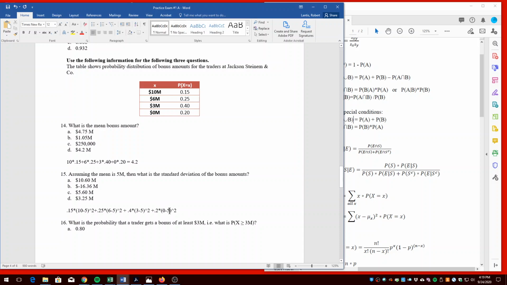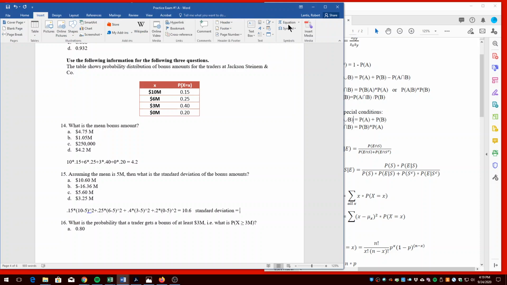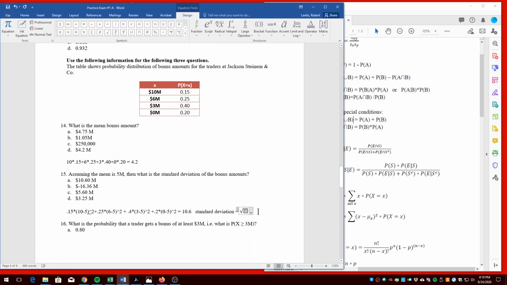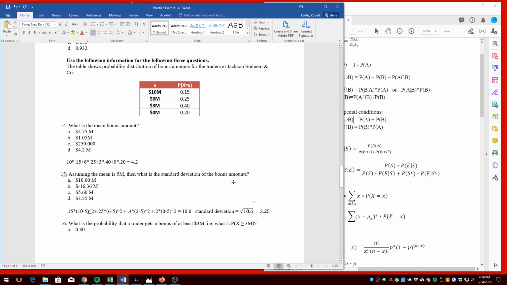I'm looking for the deviation squared there. So this should be 10.6. If we want the standard deviation, we then have to take the square root of that. So go up here, add in a square root. The square root of 10.6 should be 3.25. Okay?